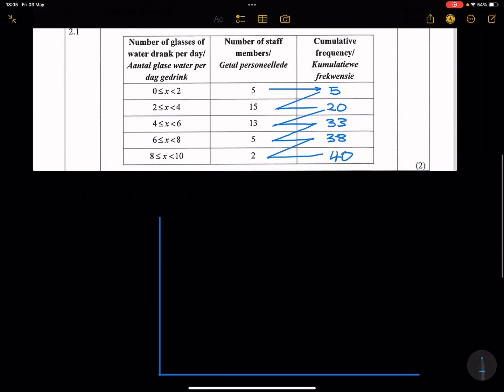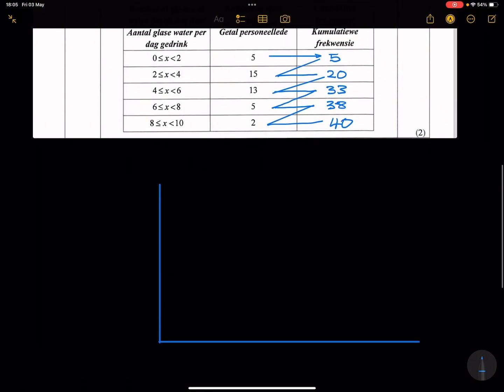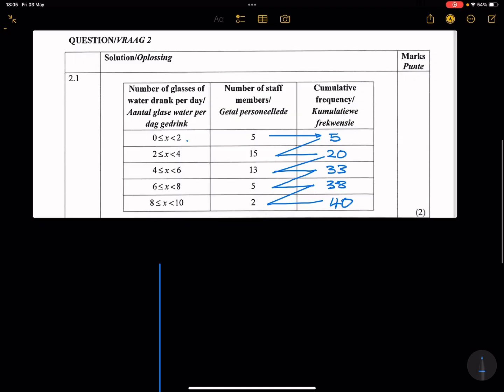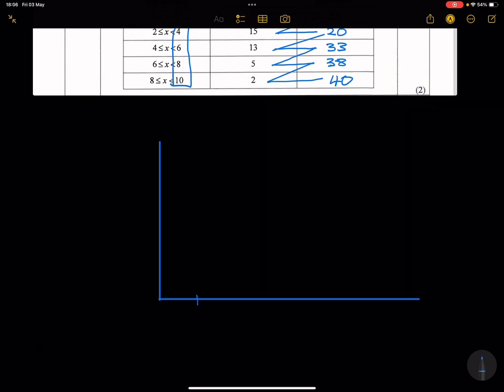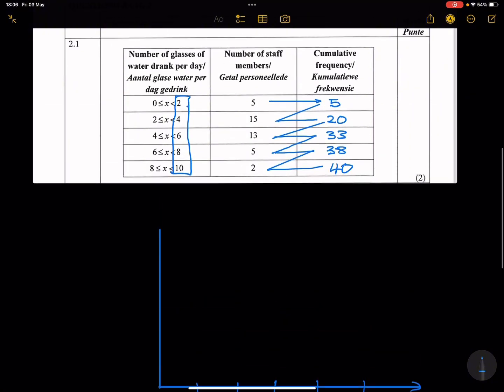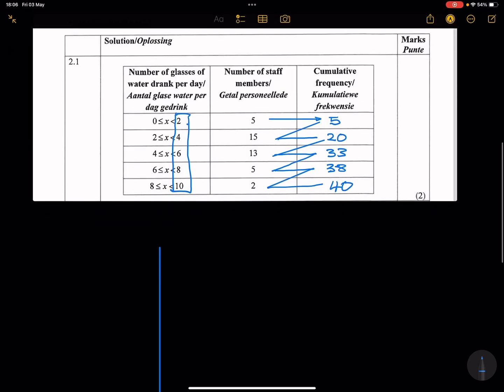Remember that you take your upper boundary values. So for x, I'm going to take 2, 4, 6, 8, and 10. So these are my x values, which of course represent the number of classes. And for y, that would be my cumulative frequency values.